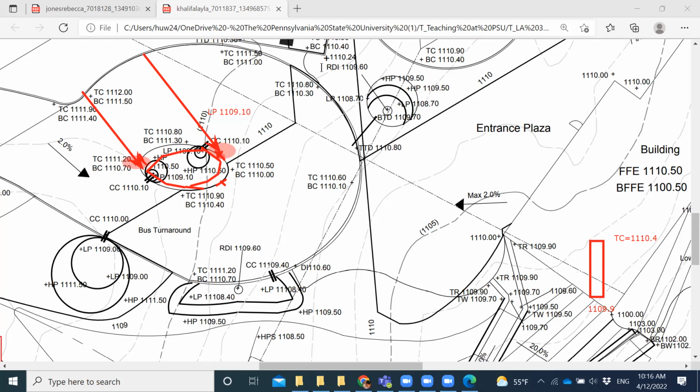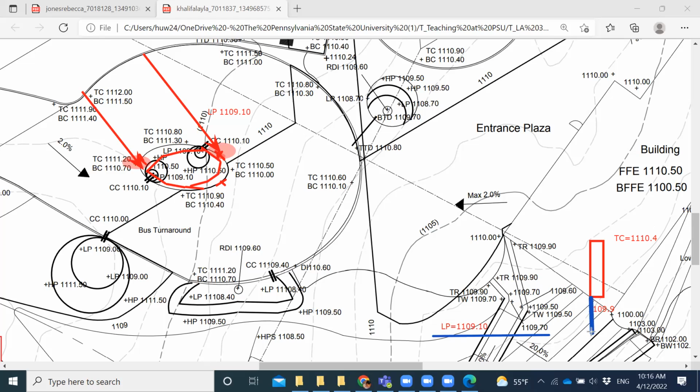So our water level here is 1109.1, meaning that it's lower down here. Okay, so that's your LP equals 1109.10. That's below here, meaning that this is probably going to be a wall.